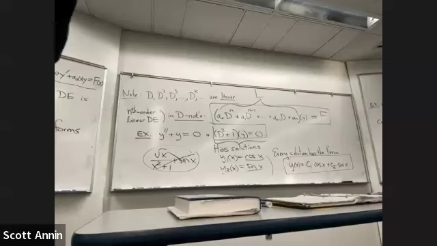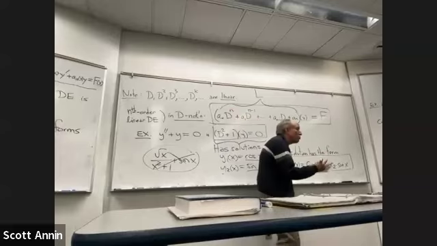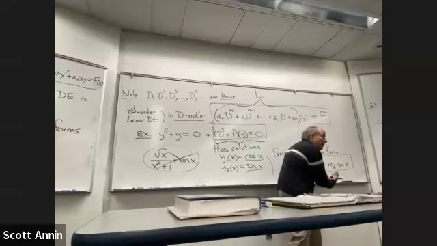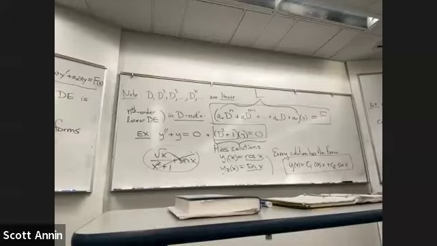And there can be no others because this is only two-dimensional. You have two basis solutions here. So every solution is expressible as a linear combination of the basis. This is totally back to linear algebra again.